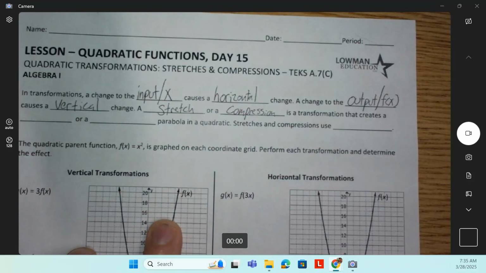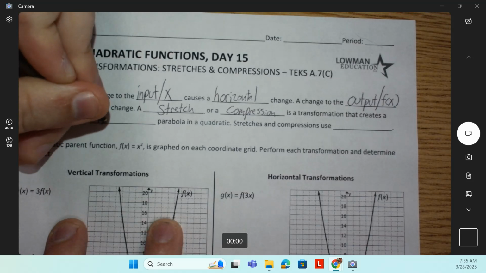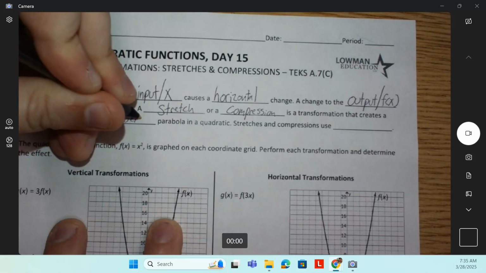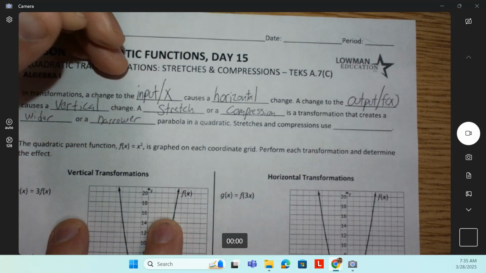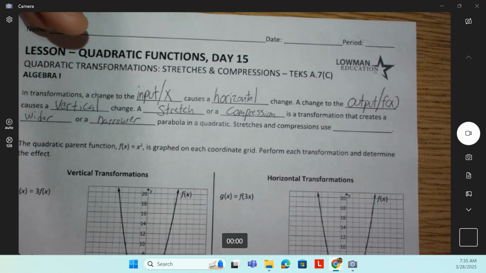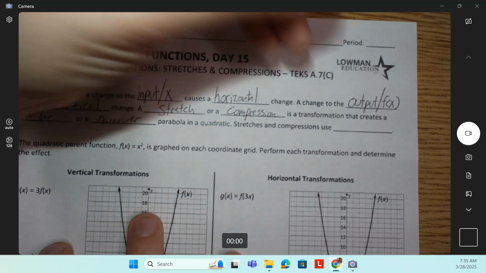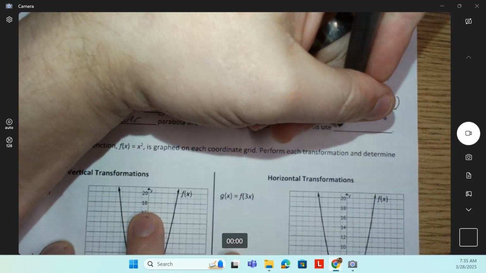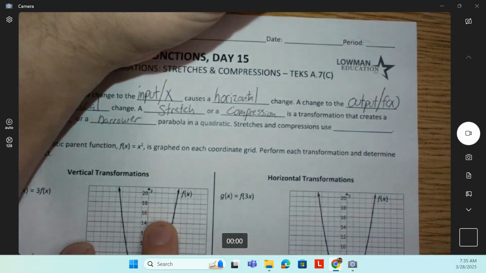And it's a transformation that makes it wider or narrower. So either way, it'll make it either wider or narrower. They use multiplication for this, so it's multiplying by either the x or the f of x.